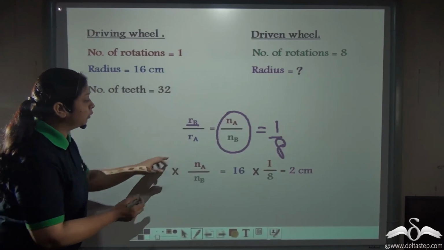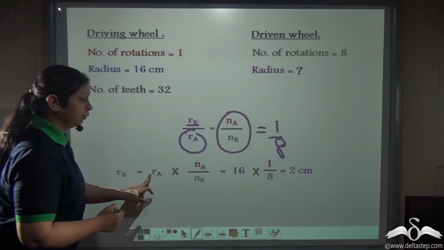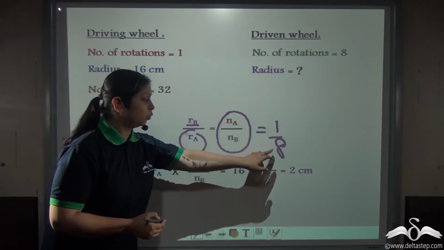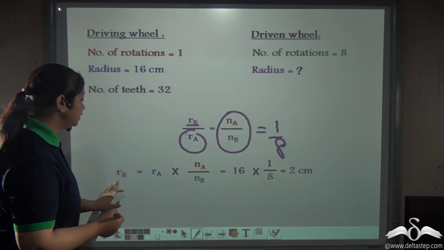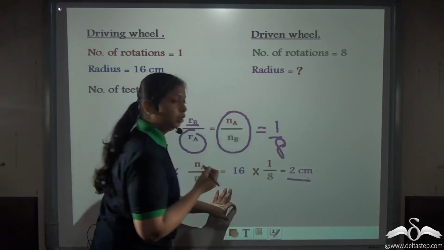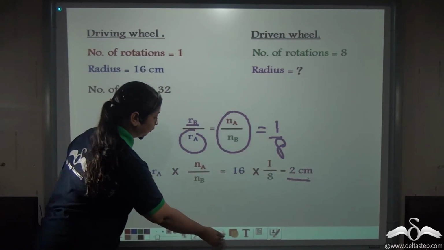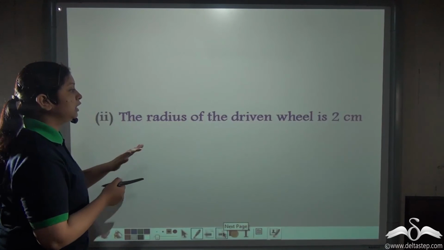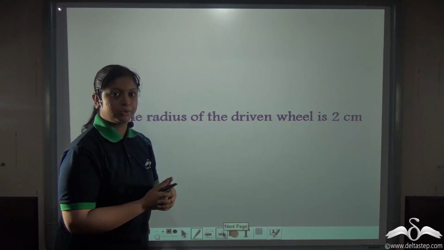We substitute the value of RA as 16 into 1 by 8 will give us the radius of the driven wheel, which in this case is 2 centimeter. So the radius of the driven wheel we have found out to be 2 centimeter.